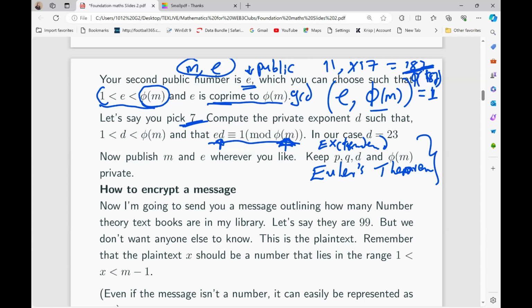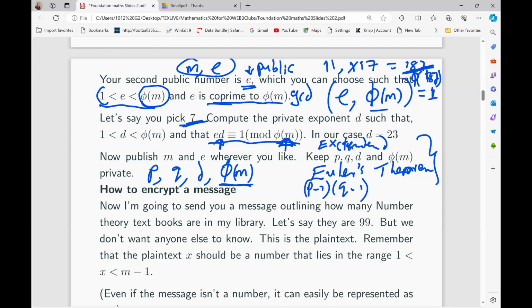But it's important that this D is a private key. You don't expose it to anybody. What you should not expose to somebody is the P you picked, the Q you picked, and this D you've calculated. And in fact, don't expose phi of M, because anybody who discovers what phi of M is is able to find the prime numbers you used. We've said that phi of M is just given by P minus 1 multiplied by Q minus 1.